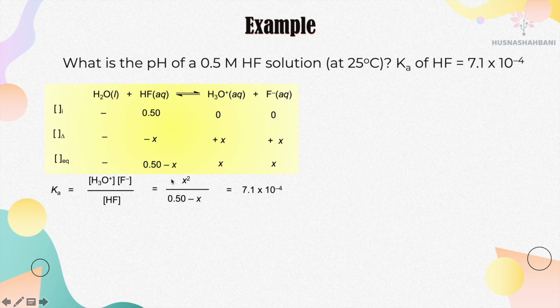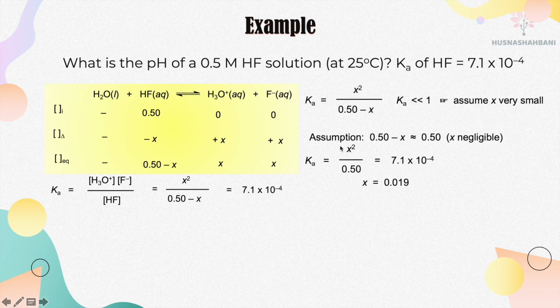We know that this x value is very small because a weak acid dissociates very slightly. Assumption: 0.5 minus x is almost equal to 0.5, because x is negligible, being very small.